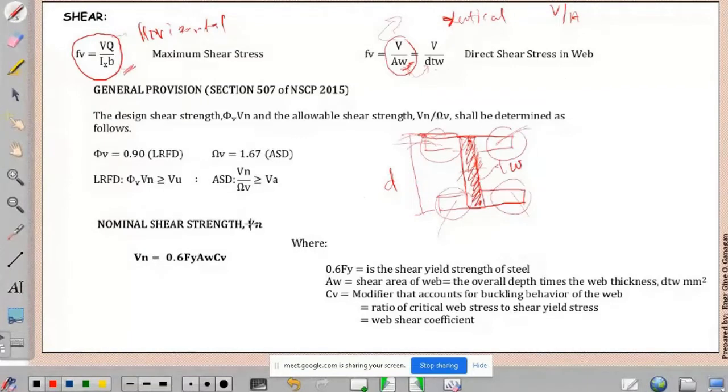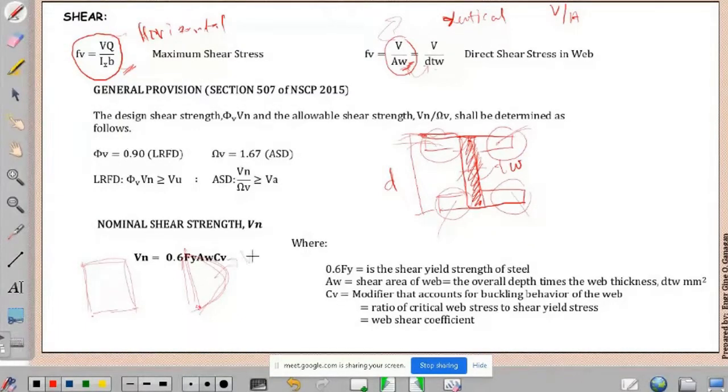Pag maalala nyo pa yung shear stress diagram natin, so for rectangular, di ba meron tayong shear stress diagram na ganito, so in your strength of materials.